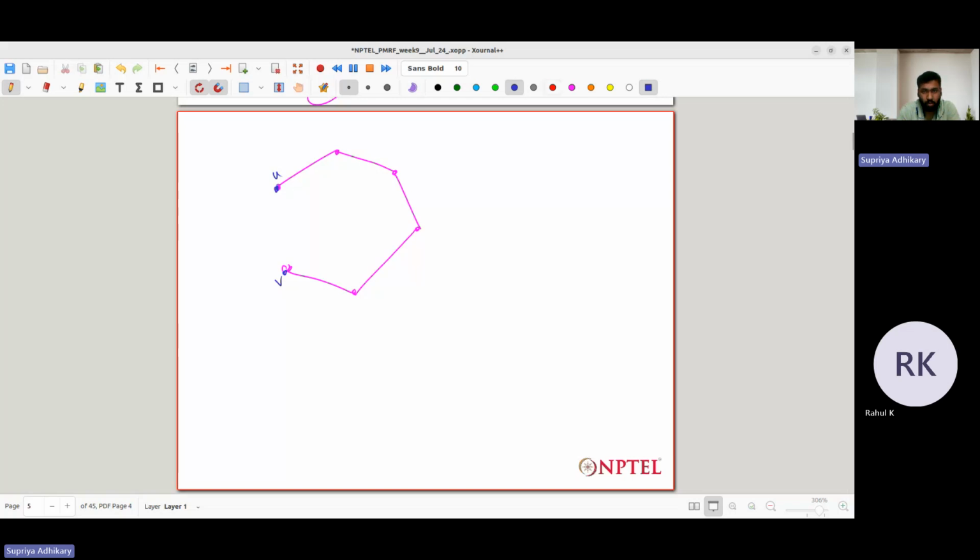So that edge will not be a bridge. So none of the edges is a bridge, or cut edge.